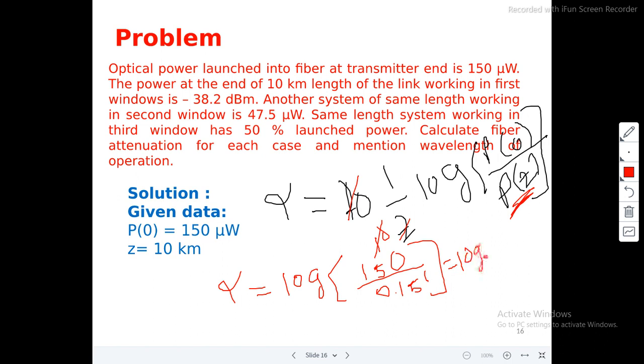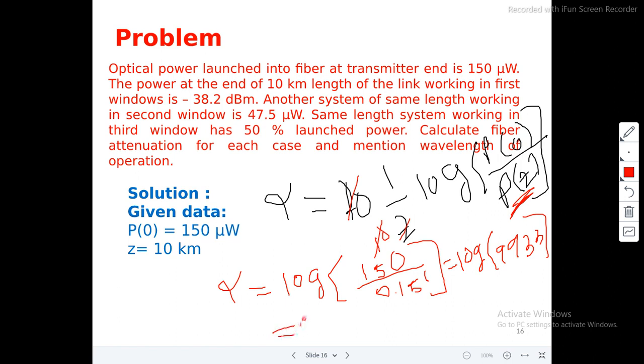That is nothing but the logarithmic of 993.377. So we calculate the logarithmic of 993.377.